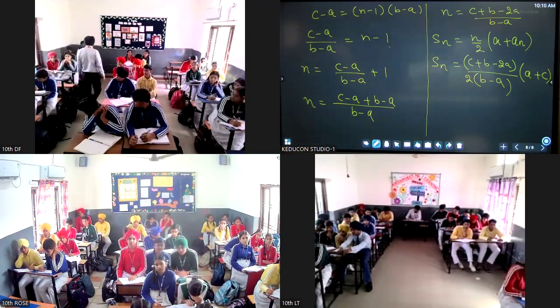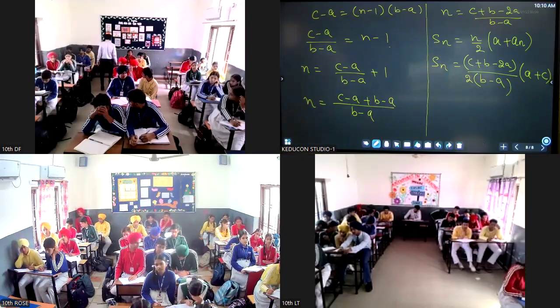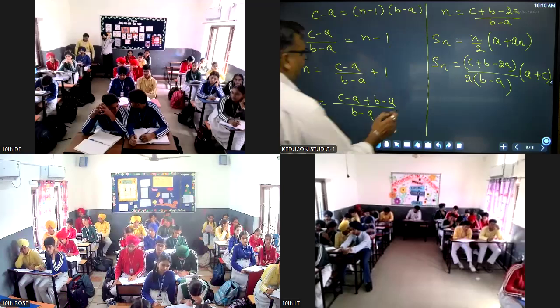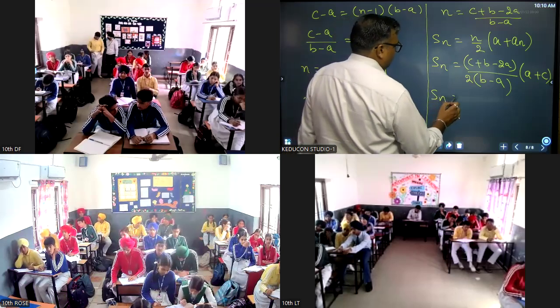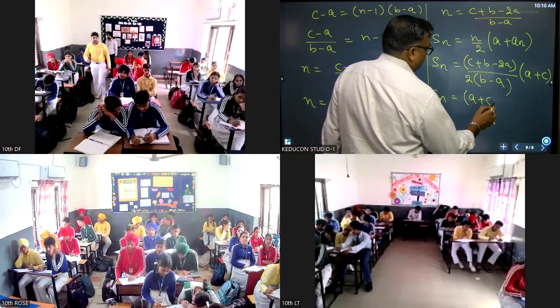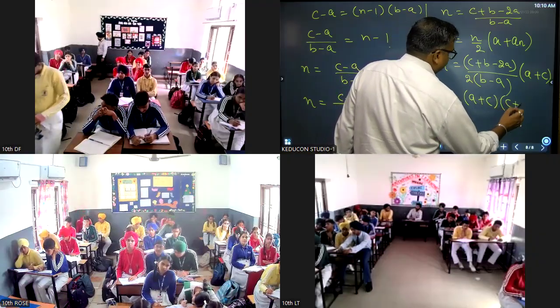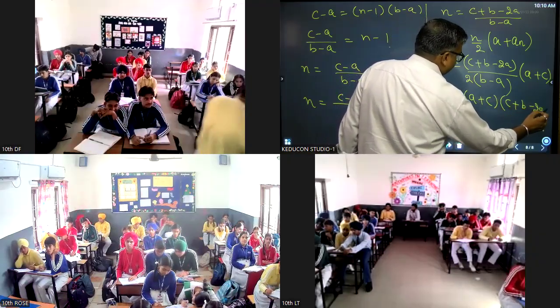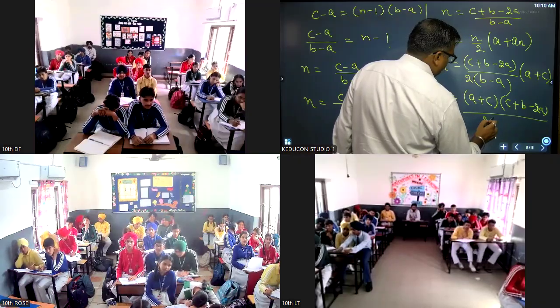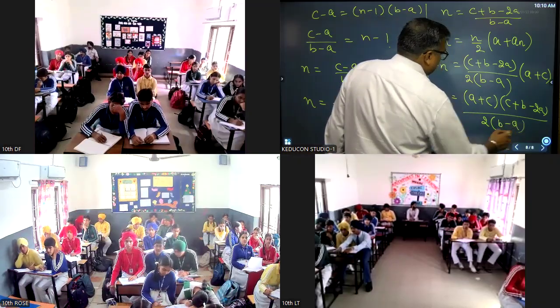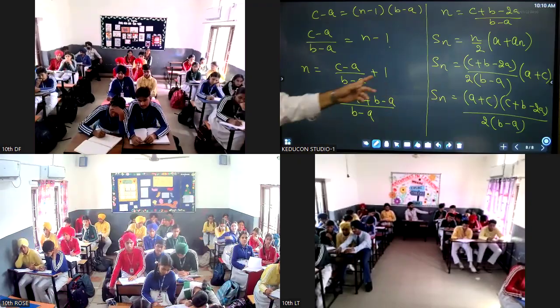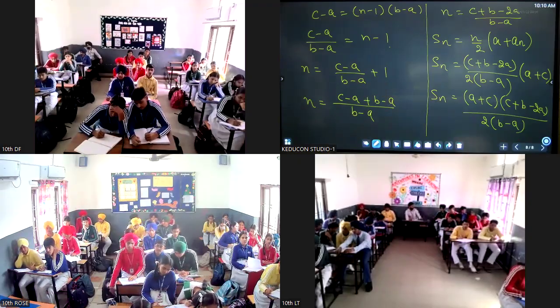So this is the formula which we have to prove. The value of Sn comes out to be, you can write it in the form which it is written. Right, bachcho? So this is the Sn which we have to prove.